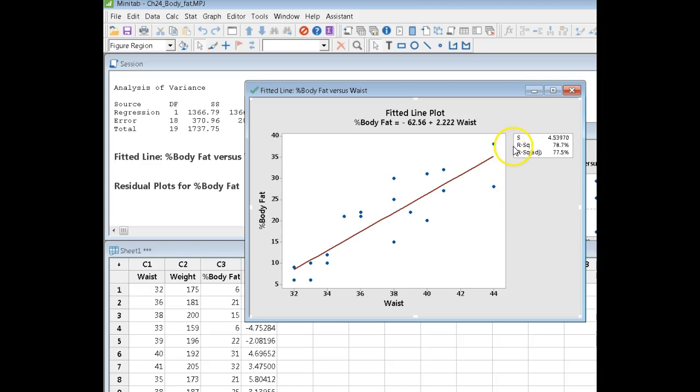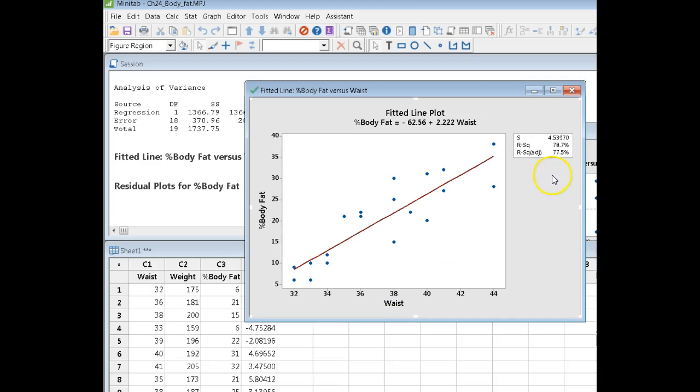Now it also gives us a value for R squared. We saw in Chapter 7 that that's called the coefficient of determination, and really I just want to know what this means. It means that 78.7, so roughly 79% of a man's percent body fat can be explained by his waist size.